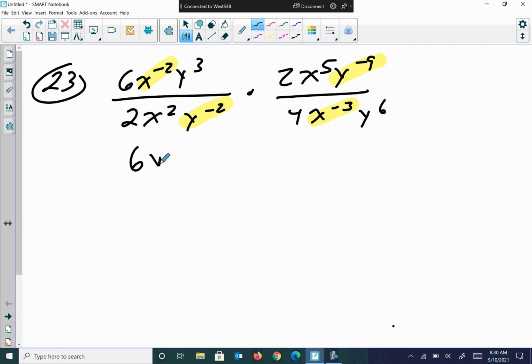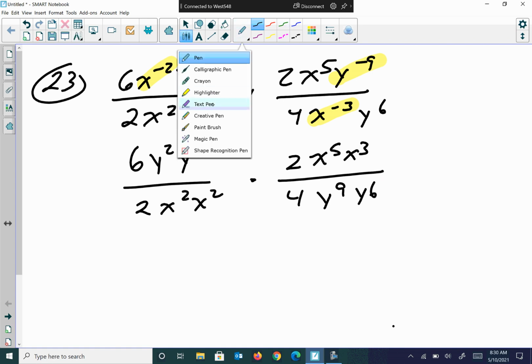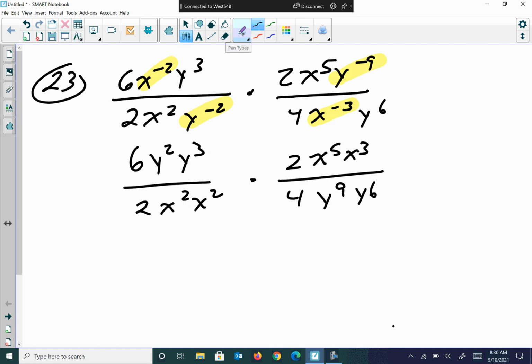Let's see. So y to the second, y to the third, 2x to the second, x to the second, times 2 over x to the fifth, x to the third, 4, y to the ninth, y to the sixth. Now I'm going to highlight what I moved.